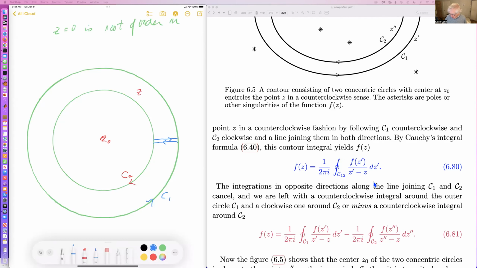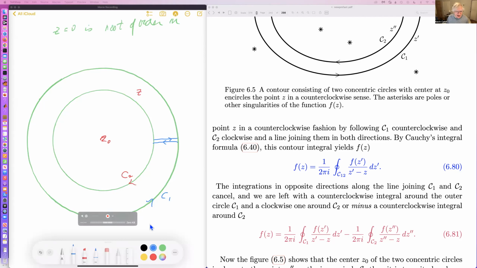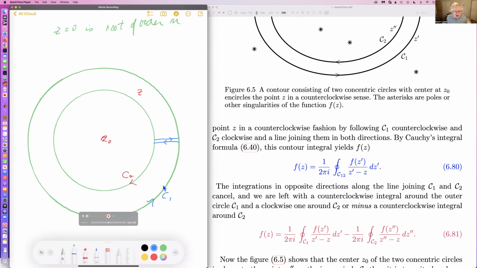Well, the point Z is inside the, if we imagine one big contour, namely one that goes around this way, down, around, across here, up and around like that, and then comes back to the original point, wherever that was.